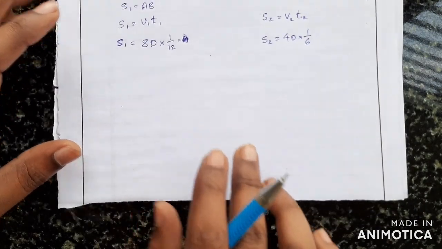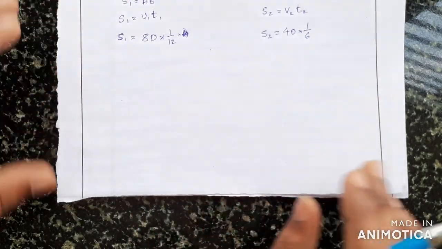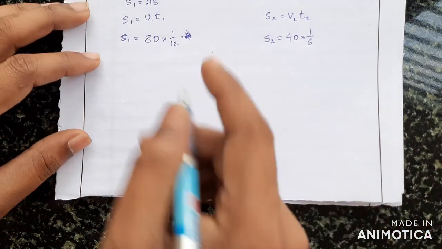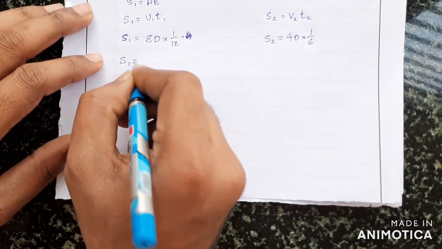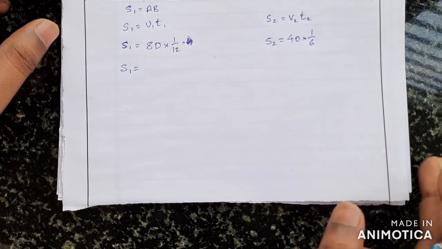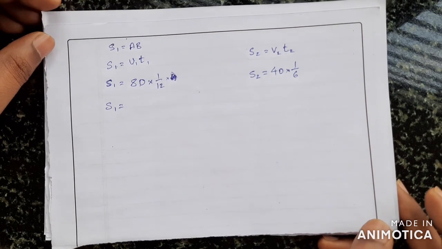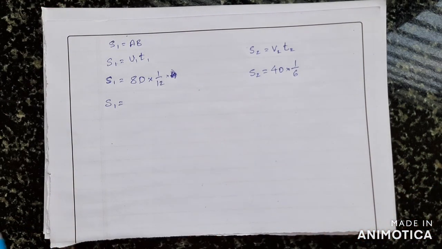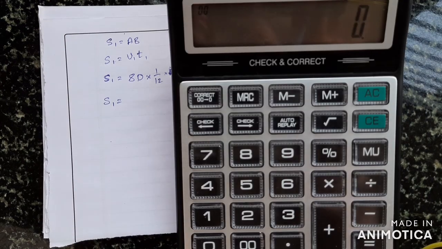So now, very simple, it's only about calculation. S1 is equal to, okay, so now in board examinations you can actually make use of calculators, simple calculators, so don't need to bother. You can take a calculator and divide 80 by 12.